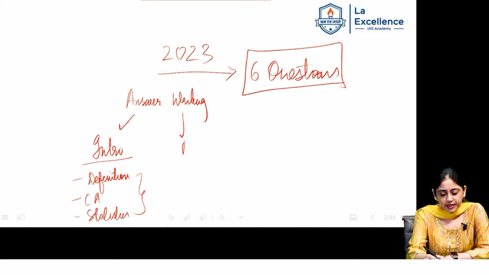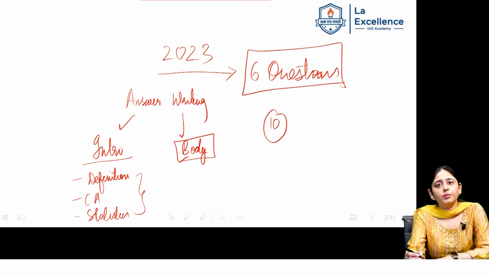Then is the body of your answer, which carries the maximum marks. If it's a 10 marker, almost 75 to 80% of marks lie in the body of your answer. Here, the main demand of the question has to be met. You can divide the body into two parts: thesis, what is being directly asked in the question, and antithesis.